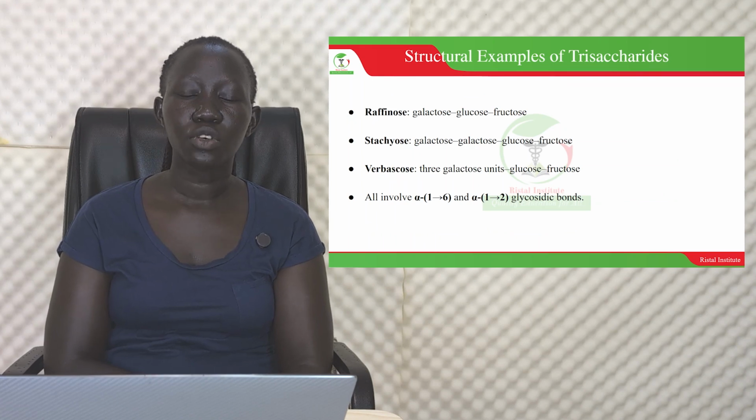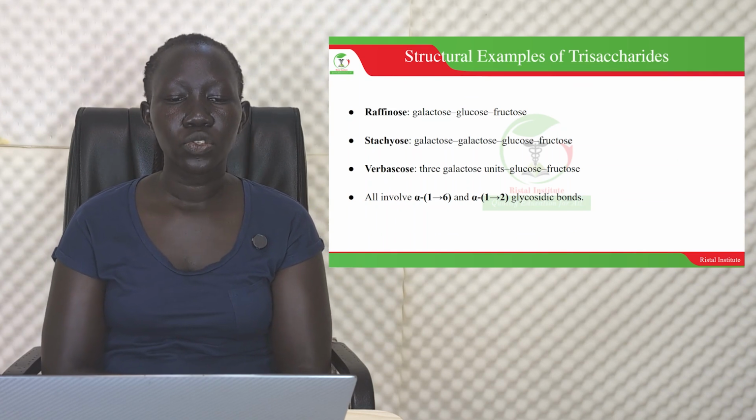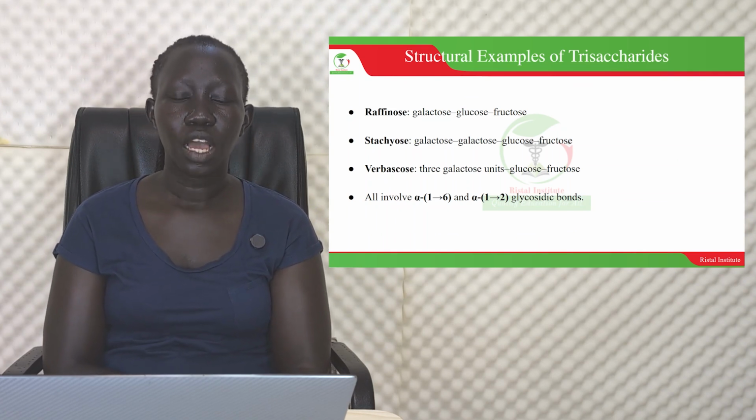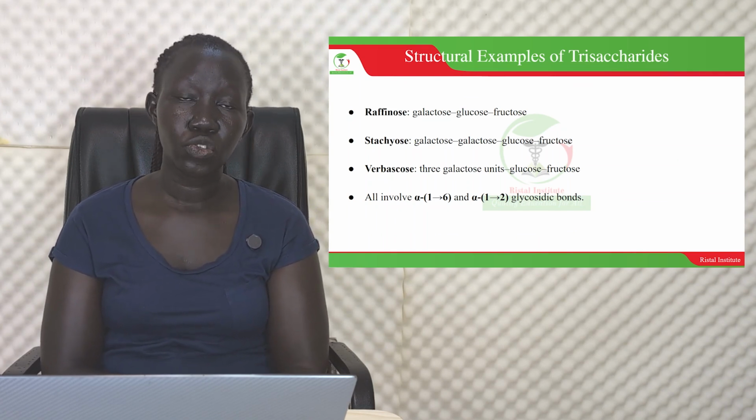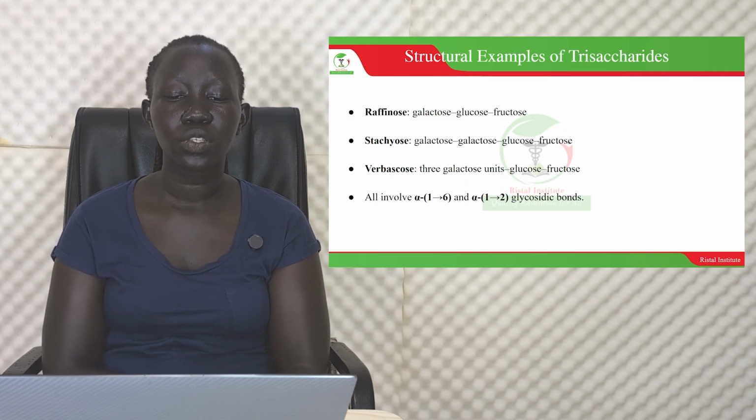For structural examples of trisaccharides, we have raffinose, which constitutes galactose, glucose, and fructose. Stachyose constitutes two galactose units, and then glucose and fructose. Verbascose constitutes three galactose units, glucose, and fructose.